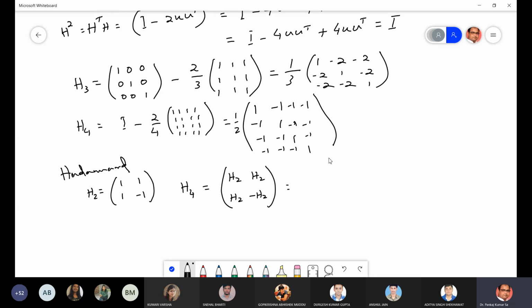So this actually becomes 1, 1, 1, 1; 1, minus 1, 1, minus 1; 1, 1, minus 1, minus 1; 1, minus 1, minus 1, 1. That is what your H4 is equal to.